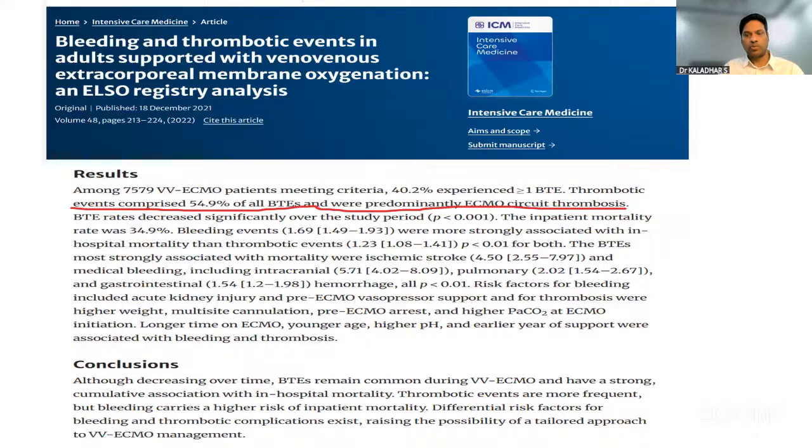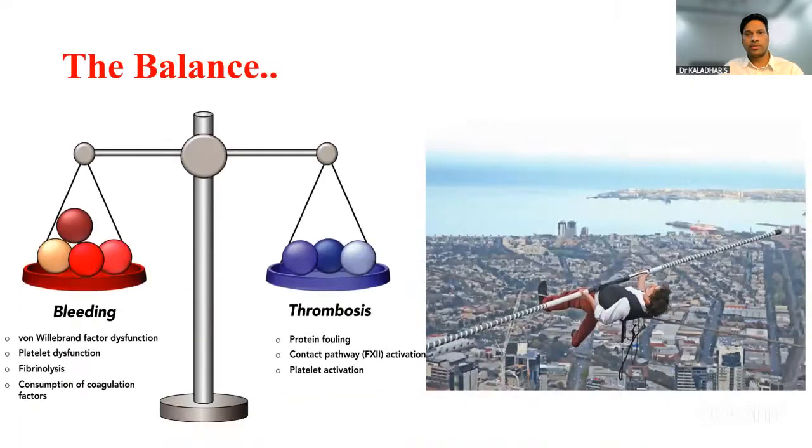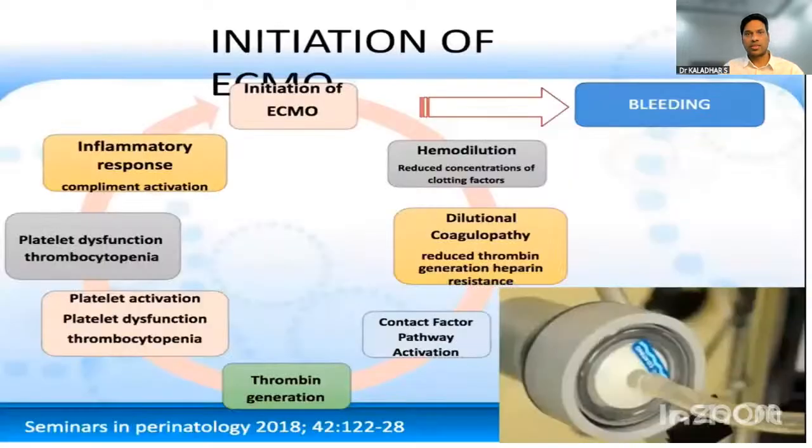Balancing it is a tightrope, so balancing between bleeding and thrombosis is very important. The reasons for bleeding are von Willebrand factor dysfunction, platelet dysfunction, fibrinolysis, and consumption of coagulation factors. The thrombotic tendency is because of platelet activation and other contact pathway activation leading to coagulation. So we need to maintain very carefully between bleeding and thrombosis.